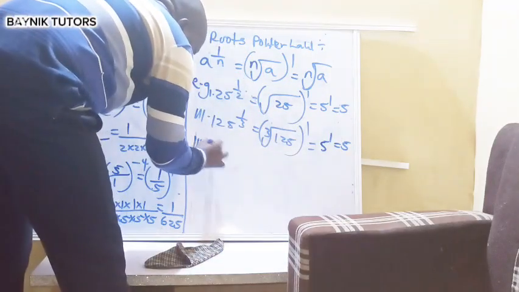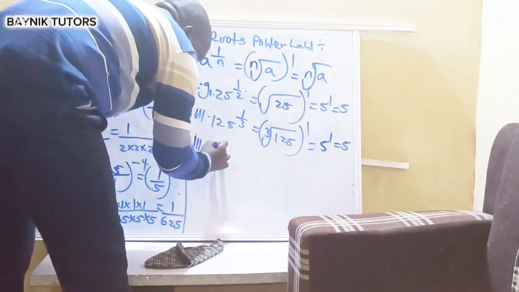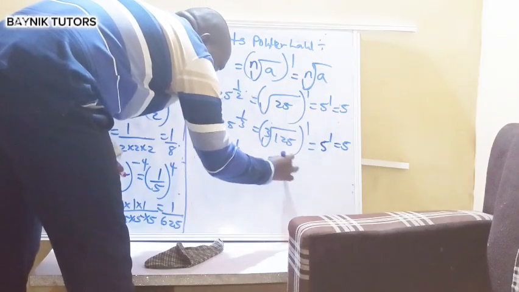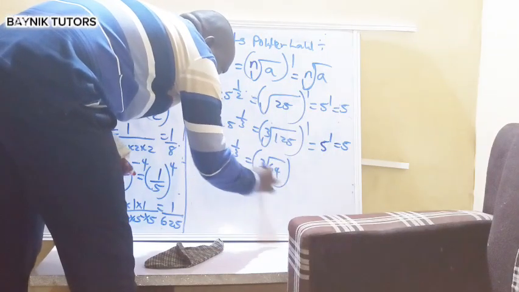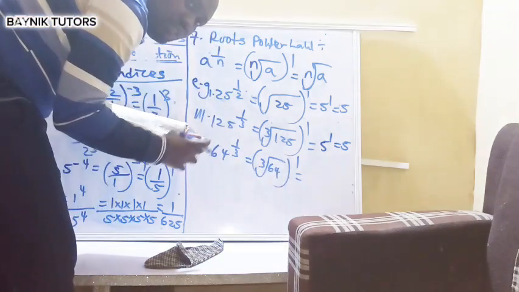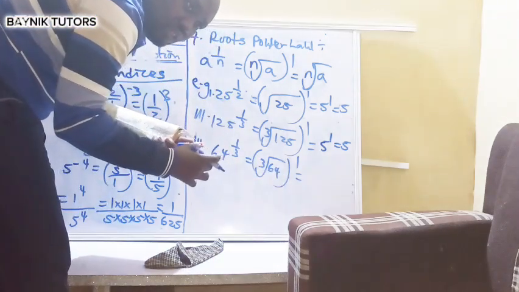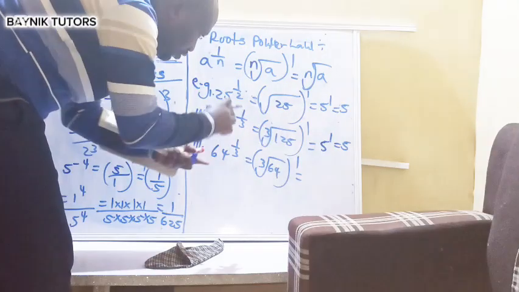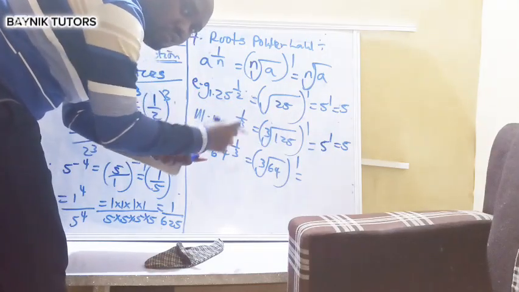Imagine we have something like 64 raised to power 1 over 3. That's third root 64 raised to power 1. Third root 64: you press shift, then shift raised to power, then it will indicate the third root, then 64.